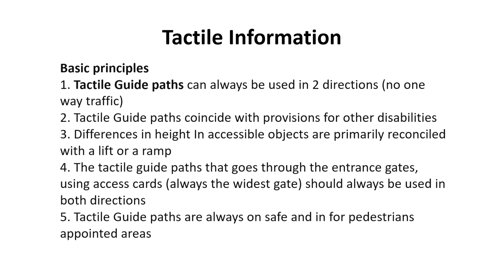The integration and other provisions: the tactile guide paths are strategically aligned with the provisions for other disabilities, ensuring a holistic approach to accessibility throughout the environment. Height disparities: variation in height among accessible objects is addressed primarily through the installation of lifts or ramps, ensuring seamless access for all individuals with mobility impairment.